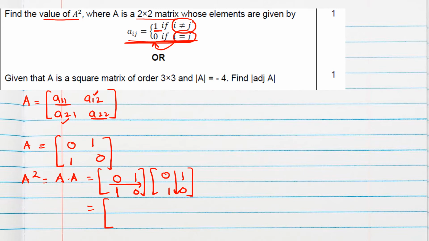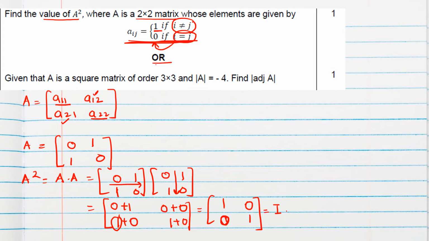Okay, so 0 plus 1, here 0 plus 0, 1 plus 0, and 0 plus 1. So finally 1, 0, 0, 1. So this is A square. Final answer is 1 0 0 1. That is the identity matrix.